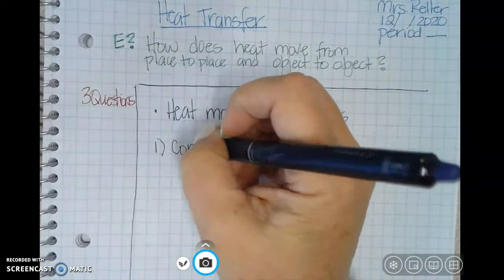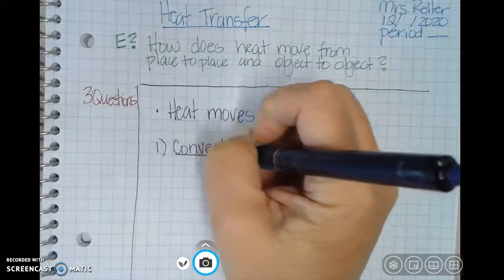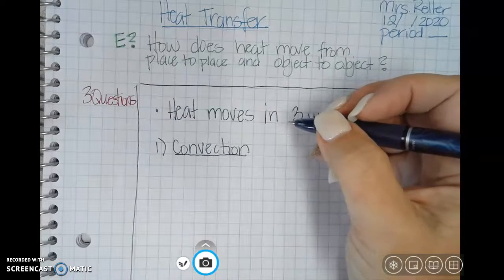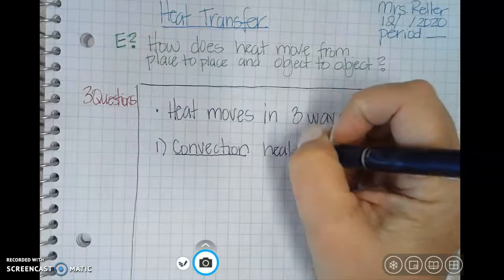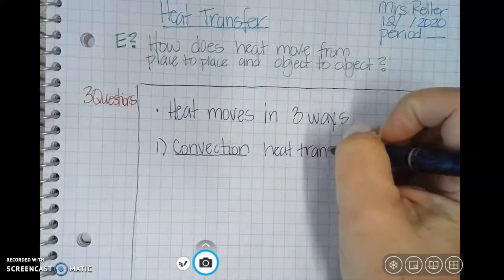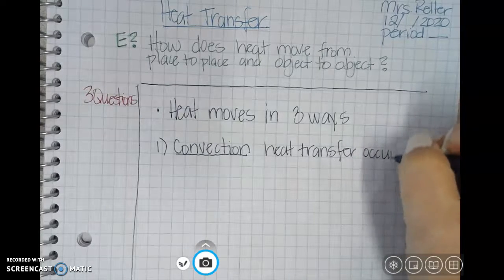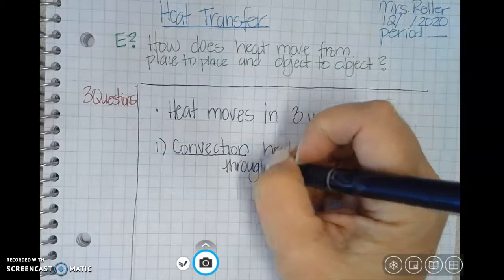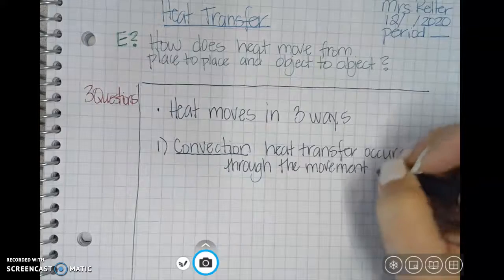The first one is convection. And we've talked about convection already this week, so you should already know. That is the movement of fluids or gases. So heat transfer occurs through the movement of liquid, which is a fluid.